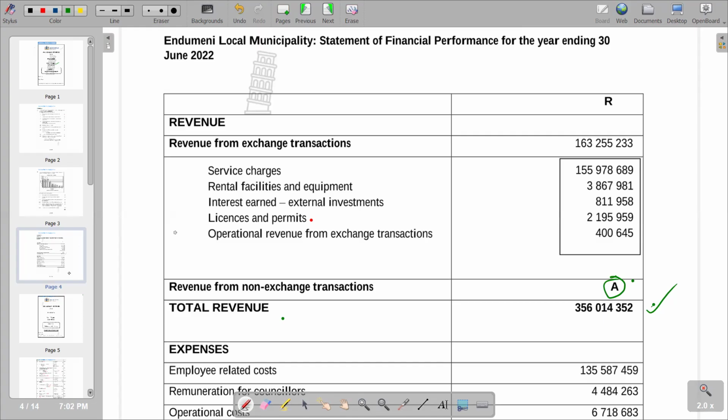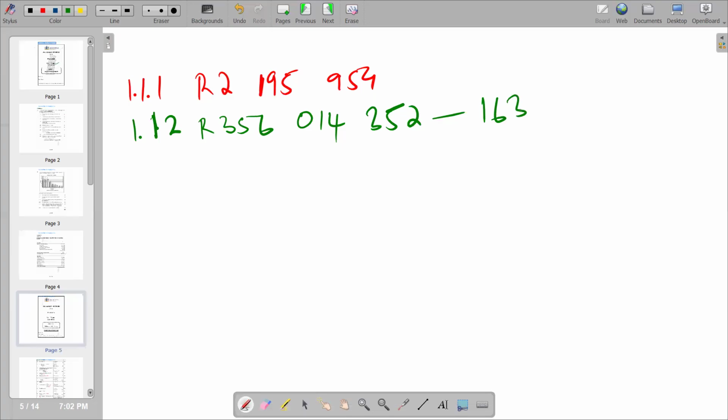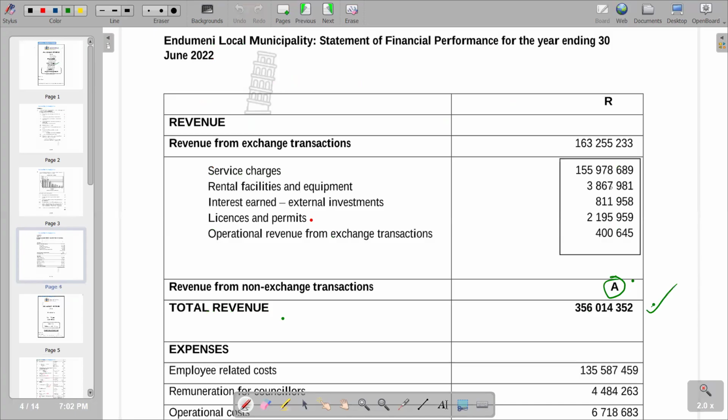So we summarize the working in the answer section by saying we've got 356 million, 40,000 and 352, and then we subtract 163 million, 255,000 and 233. That is the information given for revenue from exchange transactions.